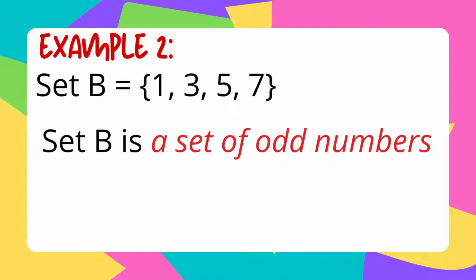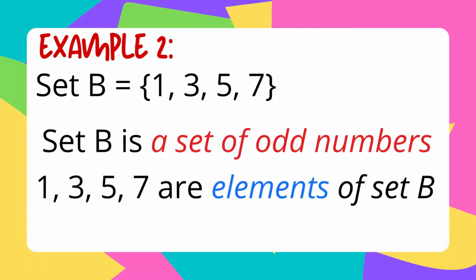Set B is a set of odd numbers. 1, 3, 5, 7 are elements of set B. And the cardinality of set B is equal to 4. Why 4? Because there are four numbers inside the braces, and that is 1, 3, 5, and 7.